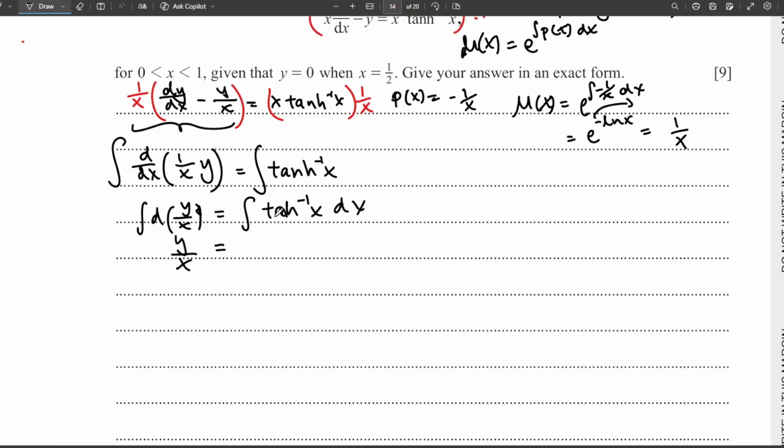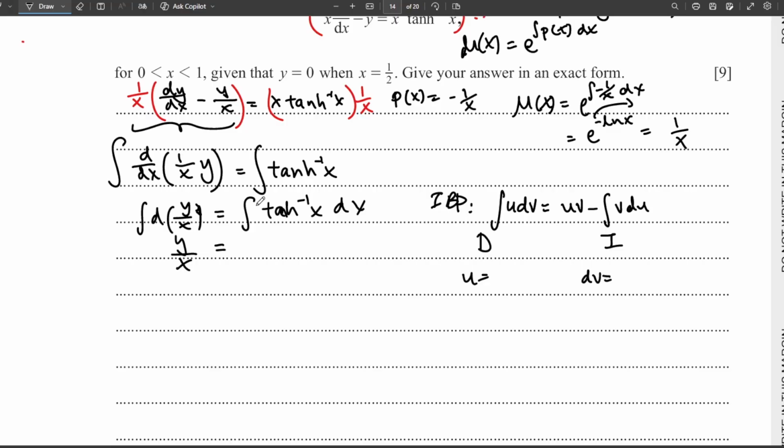So what we have to do is use integration by parts. If you remember the formula, the integral of u dv is uv minus the integral of v du. So we have to choose what is our u and what is our dv. One we differentiate, the other we integrate. We always choose dv as the one that is more difficult to integrate.